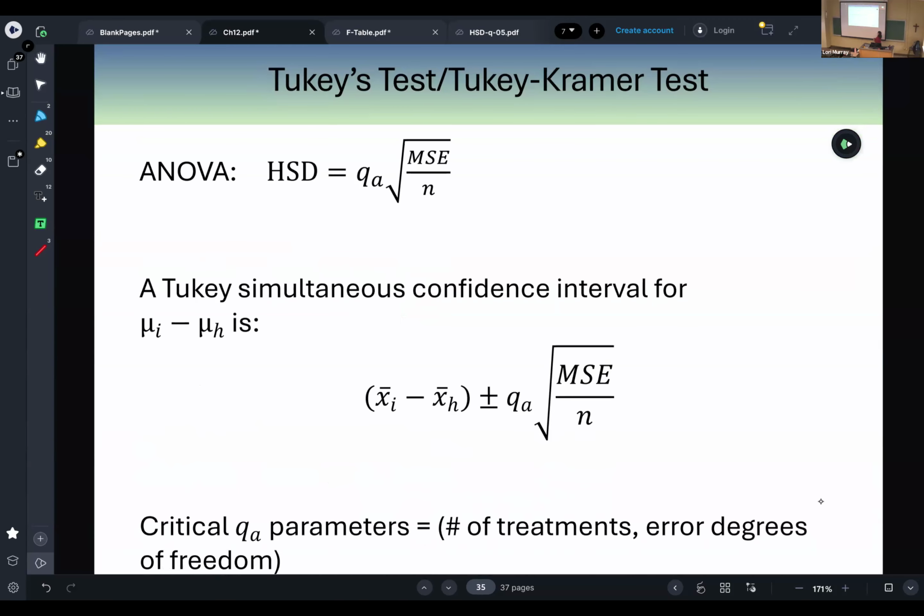We have this little studentized q right here, where alpha is usually, what is our alpha significance level usually set at? Usually, yeah, 5%, 0.05 or 5%. And then we have the MSE, we know that, we have that on our tables, and we divide it by n. So this formula only works if all of the treatments have the same number of observations.